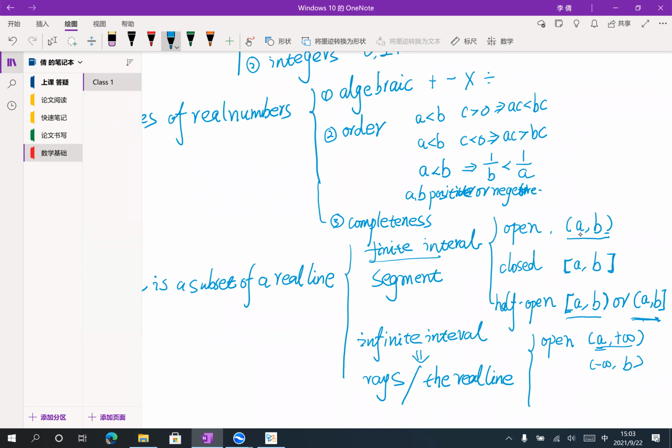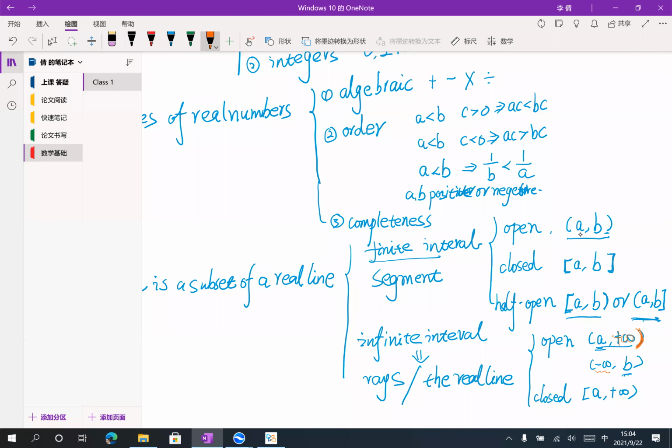This interval is an open interval, which means it contains all the numbers smaller than B. Intervals like this are open intervals, and then closed intervals. The closed interval like this contains the point A, from A to positive infinity. You must remember that if this is positive infinity, we must write a parenthesis, and if this is negative infinity, this must also be a parenthesis.